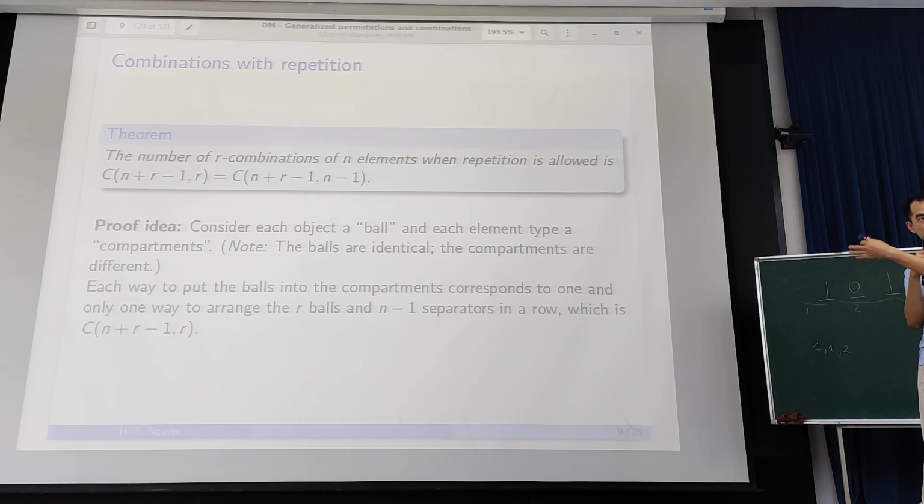We only count the separators between the boxes, and we ignore the outermost separators. So now we have n-1 separators and r balls arranged in a row. So the number of ways is exactly the number of ways to choose r places for the balls out of the n plus r-1 places in the whole.